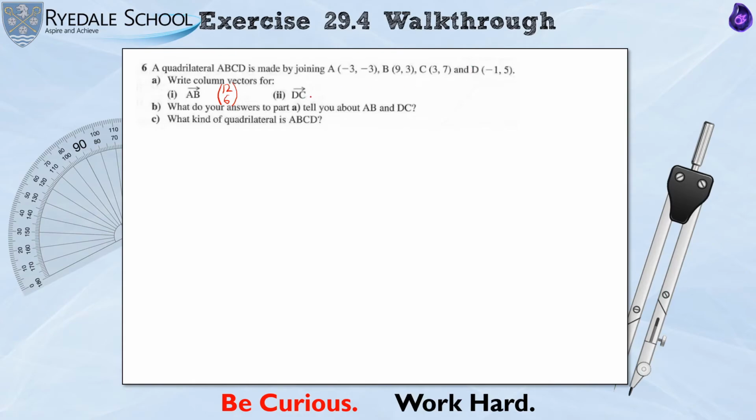Now we're doing from D to C, and D to C is -1 to 3, so that is 4. And we've got 5 to 7, and that is 2.